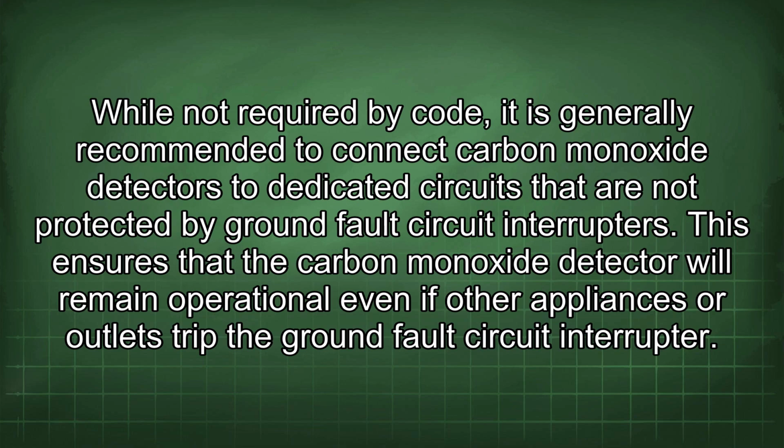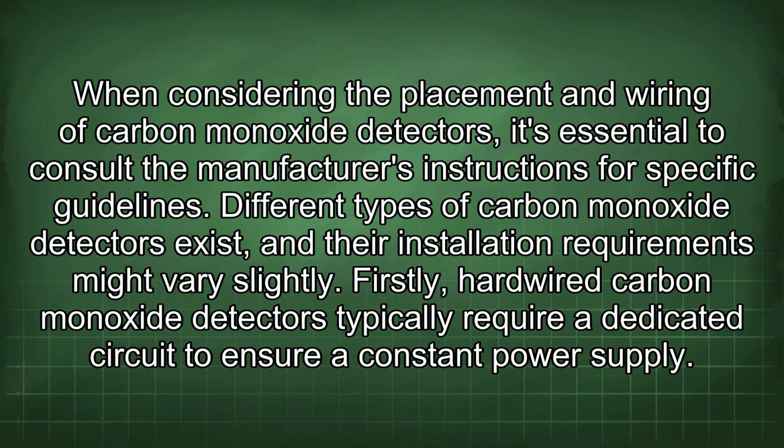This ensures that the carbon monoxide detector will remain operational even if other appliances or outlets trip the ground fault circuit interrupter. When considering the placement and wiring of carbon monoxide detectors, it's essential to consult the manufacturer's instructions for specific guidelines. Different types of carbon monoxide detectors exist, and their installation requirements might vary slightly.